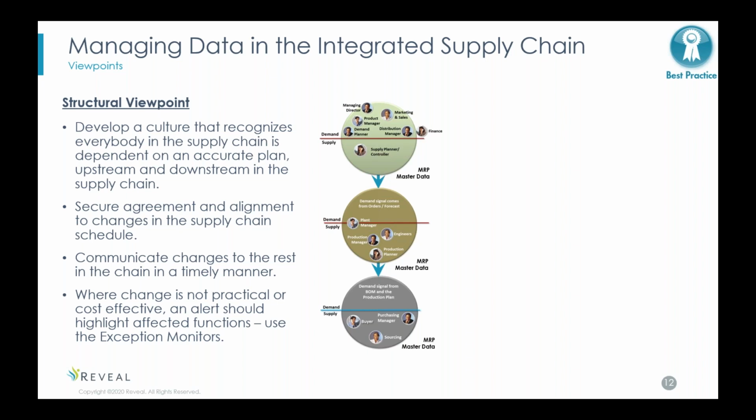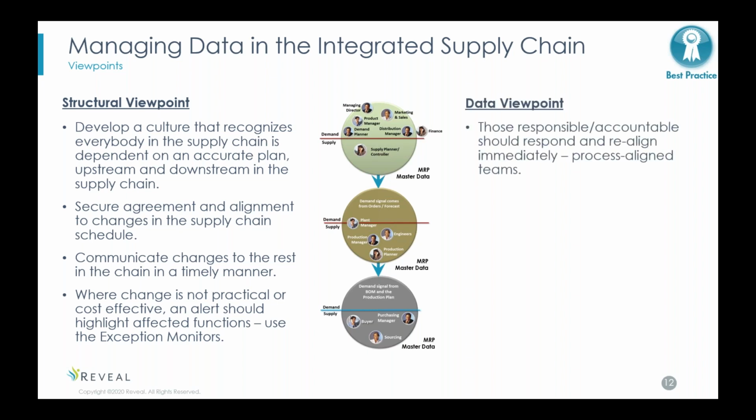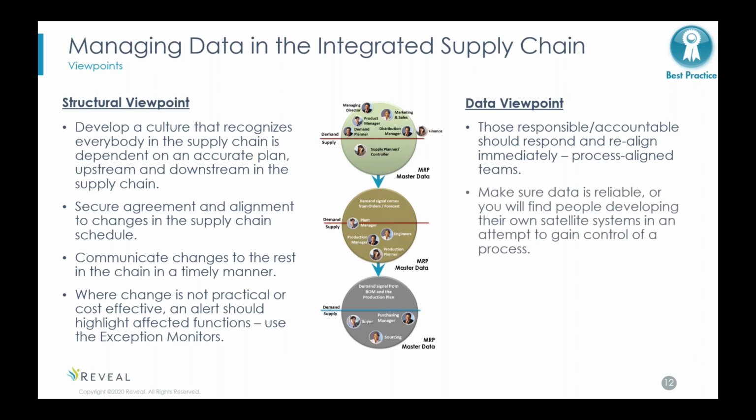Otherwise, everybody will develop their own exception process. From a data perspective, you must make sure that your users are responsible and accountable. You might recall that from our value funnel screen. Your data sets must support your process so they avoid building those satellite systems that we're talking about.